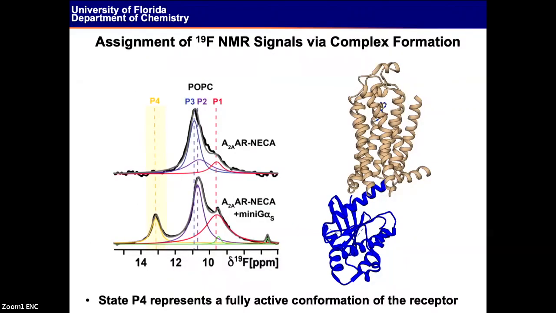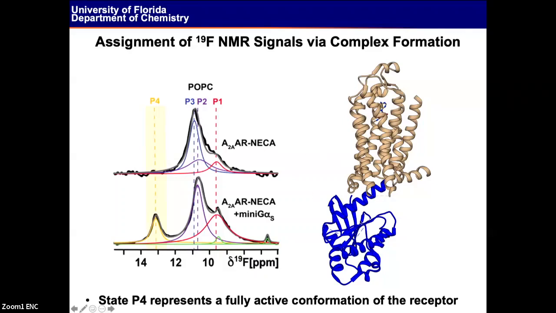So we can assign that state P4 in a kind of functional manner. And we can do that by, again, preparing samples in just nanodisc containing POPC. We can add an activating drug to that. And initially, what we see here is mostly a profile or a spectrum that looks highly similar to the inactive receptor.